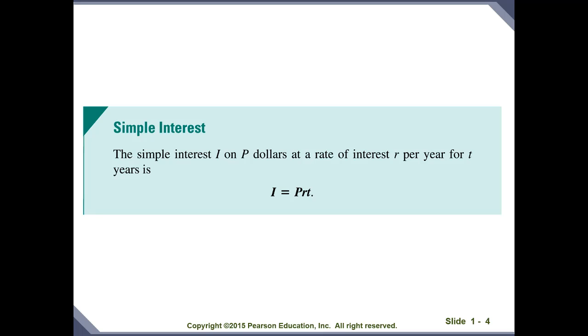P is your principal. The principal is how much you have borrowed if it's a loan, or how much you have deposited if it's like a savings account, or how much you've invested if it's some other sort of investment account. R is the interest rate, and we always write the interest rate as a decimal here. So if the interest rate were 5% interest, we would write 0.05.